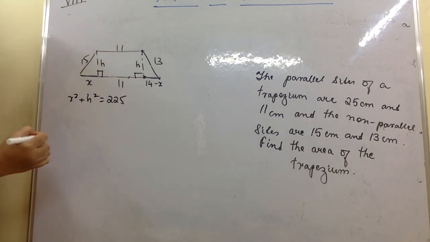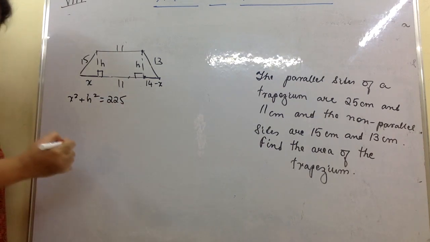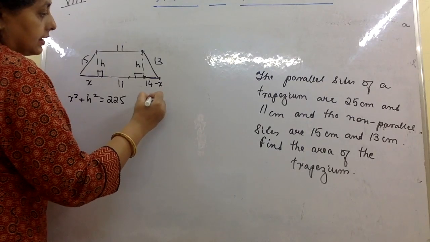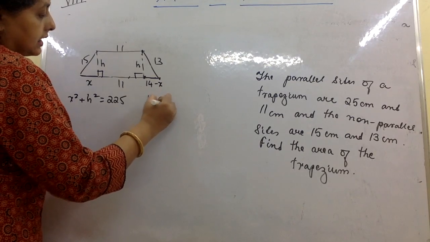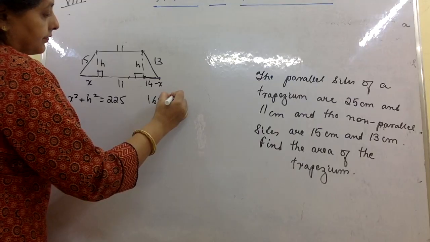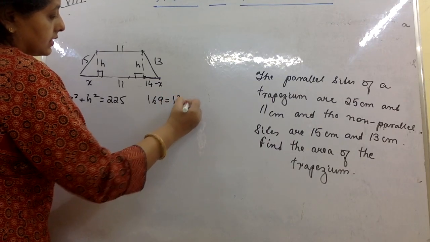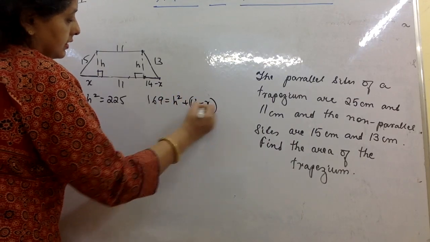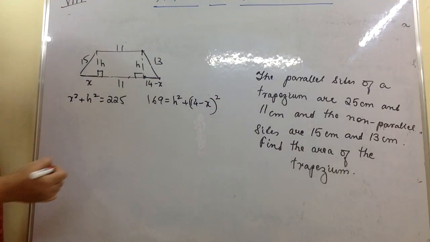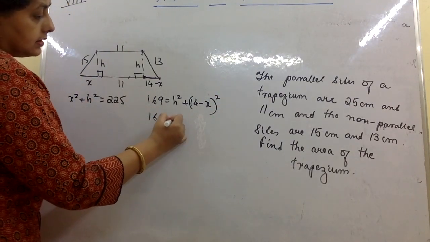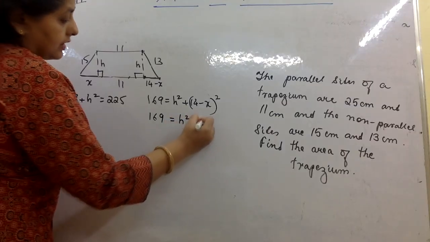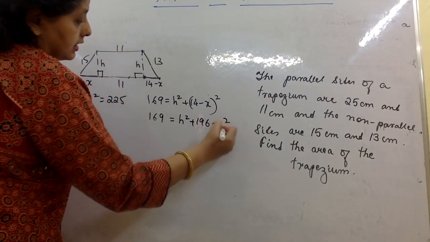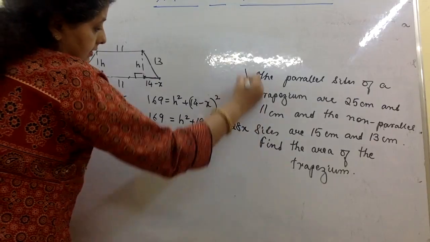And here, 169 is equal to h square plus 14 minus x whole square. 169 is equal to h square plus 196 plus x square minus 28x, right?